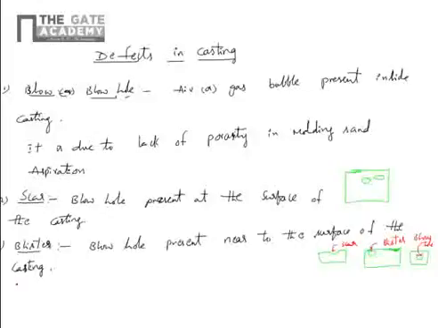Next is porosity. Microscopic air particles present throughout the volume of the casting is called porosity. Porosity is a defect, and porosity is a property of molding sand also.